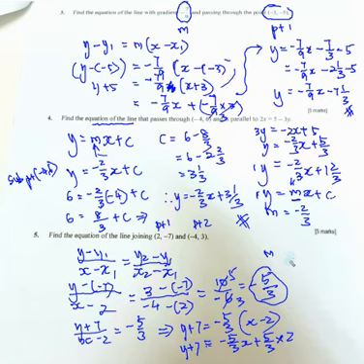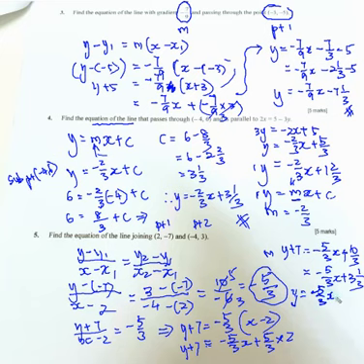Now let's do it over here. So y plus 7 equals minus 5 over 3x, and this plus 5 times 2, 10 over 3, which is 3 and 1/3. Further, y equals minus 5 over 3x plus 3 and 1/3 minus 7.